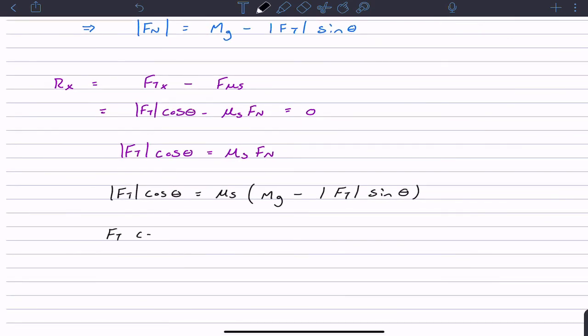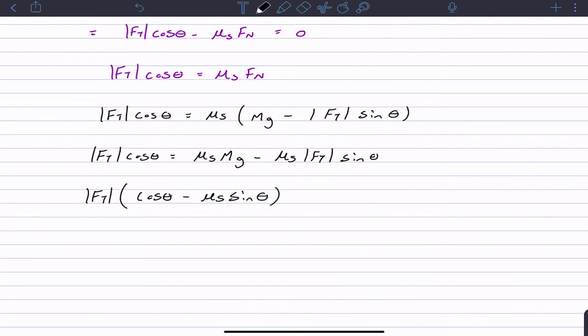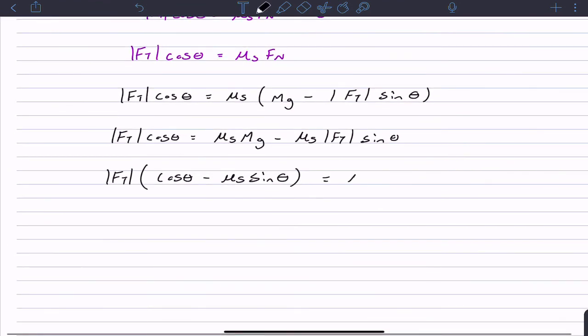So Ft cosine theta. So now we just do a little bit of algebra. This might take a moment. Mu sub s mg minus mu sub s Ft sine theta. Then we take this to the other side. We are left with Ft cosine theta plus mu sub s sine theta is equal to mu mg.